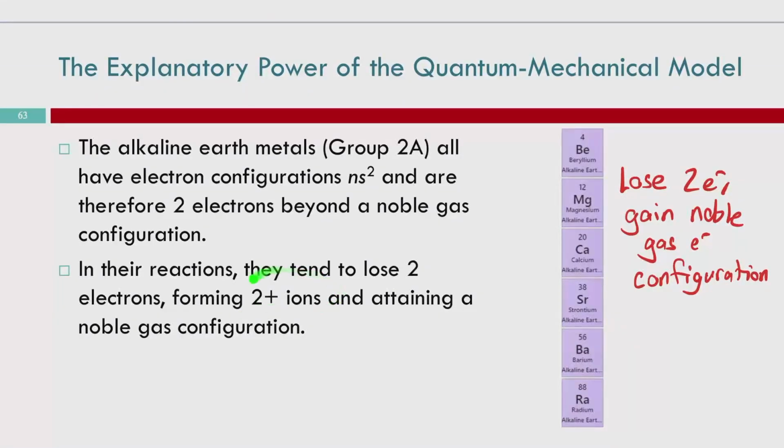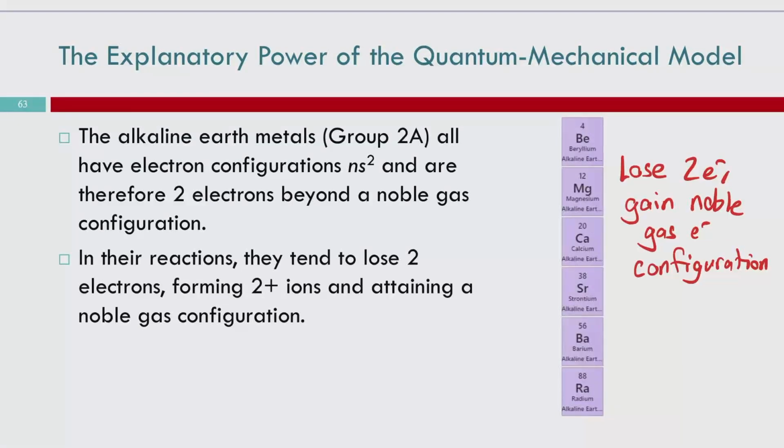And that's indeed what happens. In reactions, they tend to form 2+ ions because of losing 2 electrons. So we're stripping away the outer shell, the outer valence electrons, to unlock the noble gas configuration that's hiding underneath. Do we have any questions so far? And that's why they all form 2+ charges.